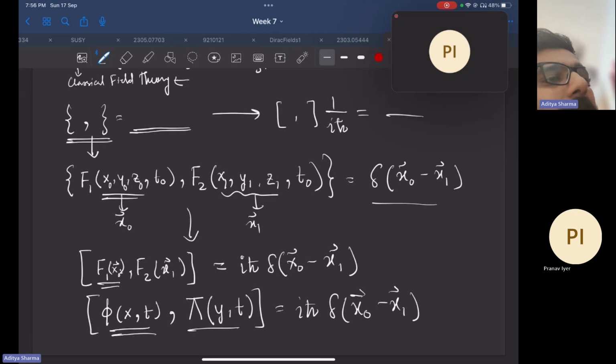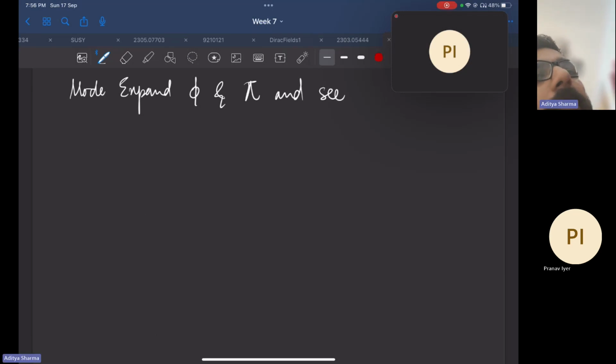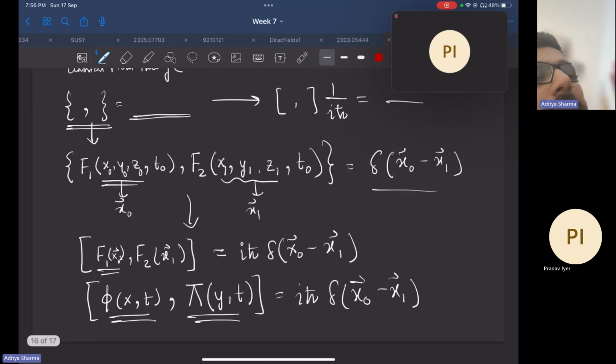You're going to expand this and see what happens to the operators. You are going to mode expand phi and pi, and see the relation to the commutator relation of a and a dagger, and you can derive it from this thing.